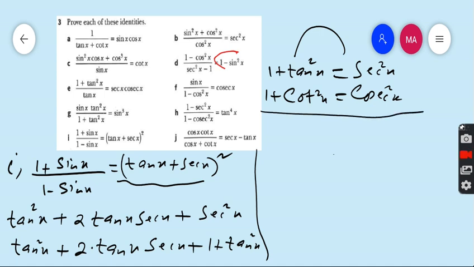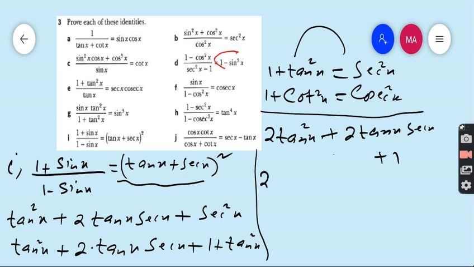Tan square and tan square is 2 tan square x, plus 2 tan x sec x plus 1.